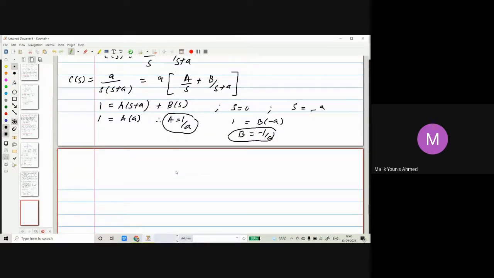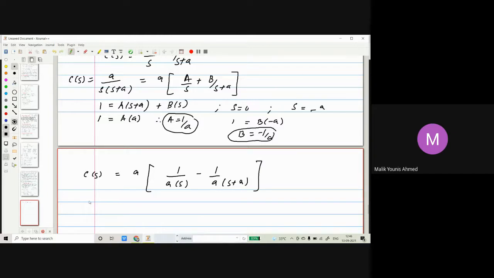So C of S can be written as A, that is capital A is 1 by a, into S, small a is 1 by a, minus 1 by a into S plus a.